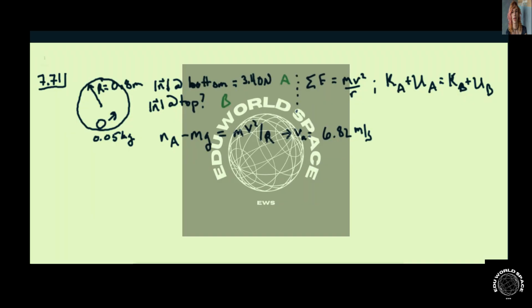So now we can use the conservation of energy to find the speed at point B, because now we know how much mechanical energy there is.